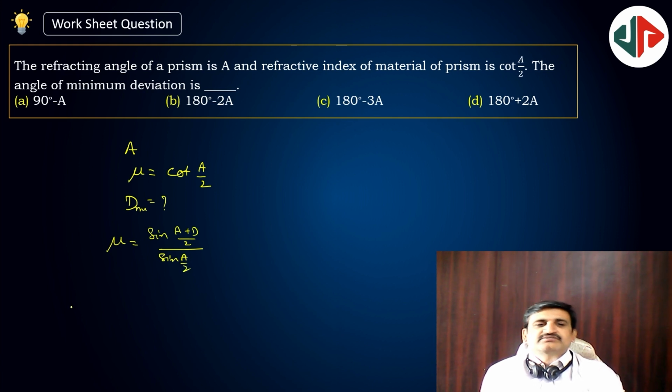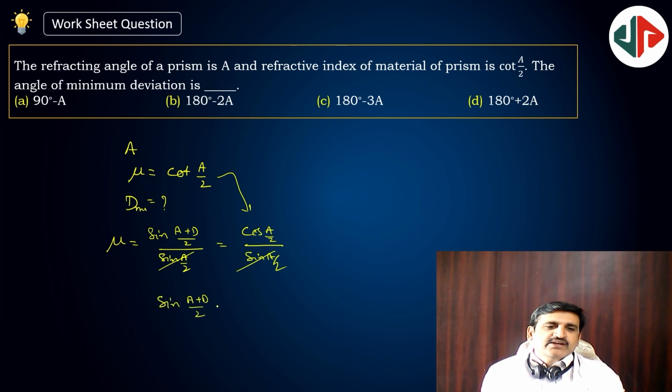This we have, and he is asking to take this as cot. Cot means cos A by 2 by sin A by 2. Sin A by 2, sin A by 2 will go. So this is sin A plus D by 2 is equal to cos A by 2.